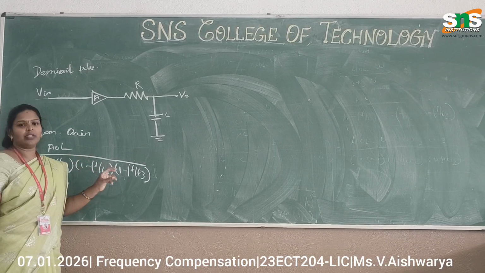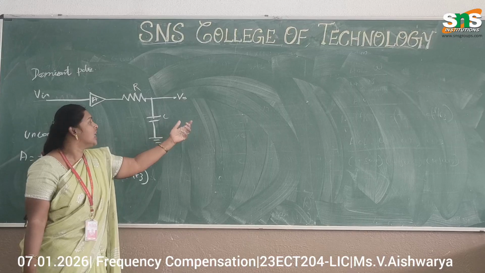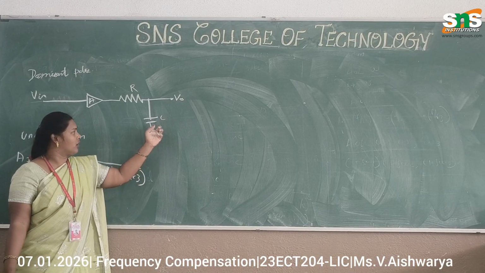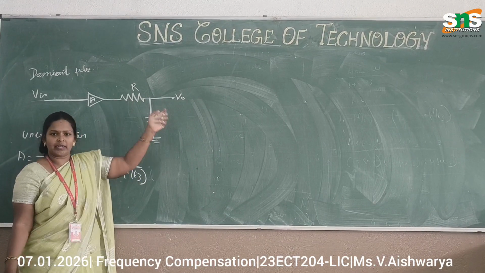We already know that V0 means output voltage, that is the component across the voltage divided by the total component in the resistor.